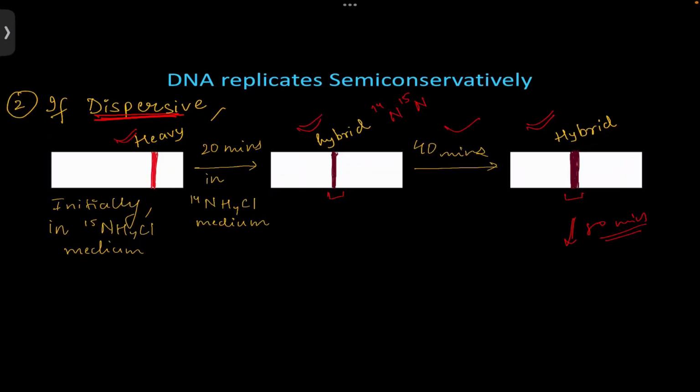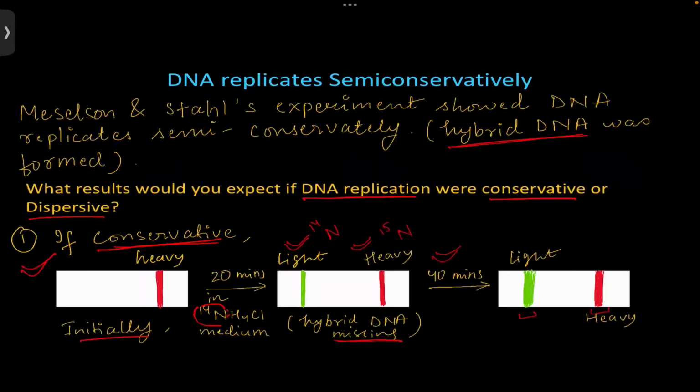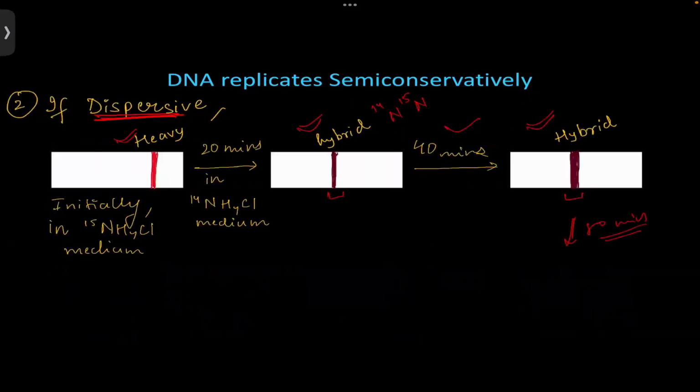So since none of these cases arise, like the result that Meselson and Stahl saw, it is not what one would expect for the conservative and dispersive. So again, through this argument, I can also say that Meselson and Stahl showed the DNA replication to be semi-conservative.